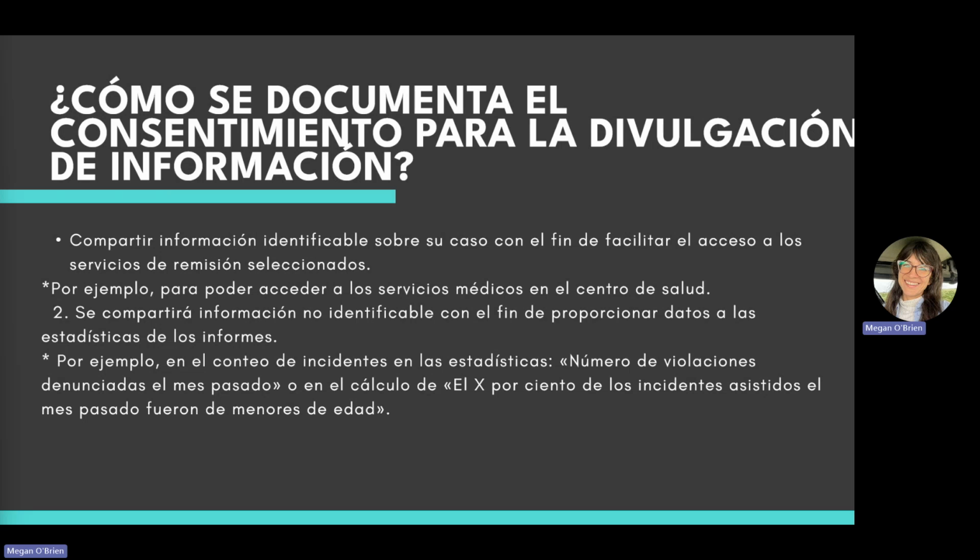For example, to be able to share information from a survivor to a wound treatment service from the health center, you would need consent for sharing identifiable information about their case. Then there's non-identified information for the purpose of aggregating data into statistics to be used in reports. For example, again, to be able to count the incident in statistics, like the number of rapes reported last month, or to include it in any calculation.